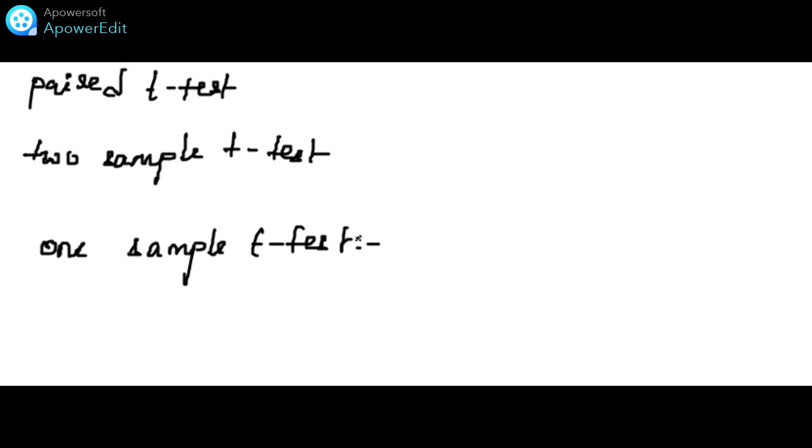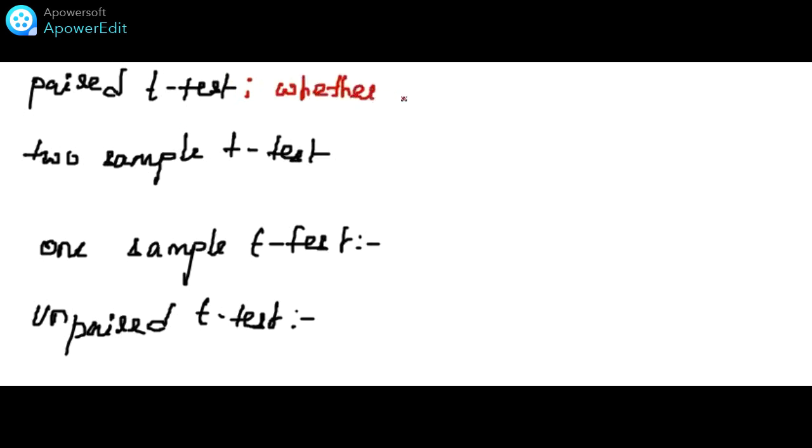First of all, paired t-test and unpaired t-test. A paired t-test is a test used to determine whether there is a significant difference between the means of two dependent samples.